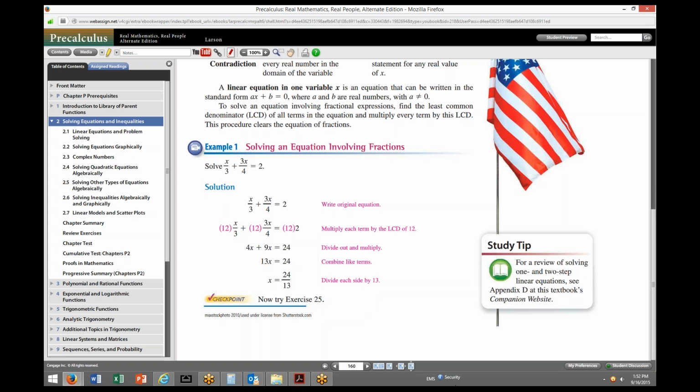We call these algebraic fractions because both the fractions have a variable in them. X over 3 is one fraction, 3x over 4 is the other. And so these two fractions have two different denominators, 3 and 4. So the first thing we need to do is figure out what is the common denominator, and then I'm going to suggest to you something.